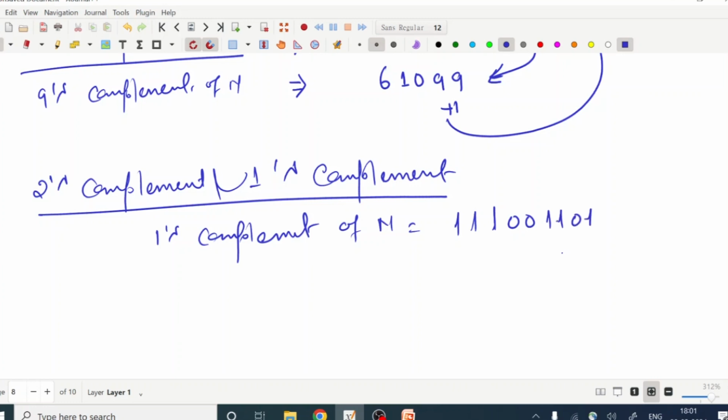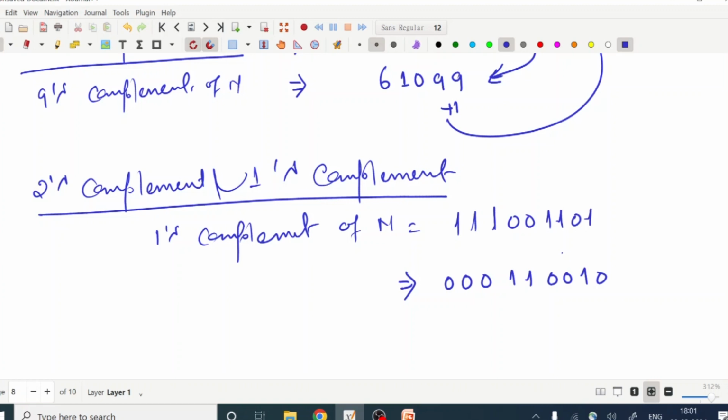The 1's complement means each 1 is replaced by 0 and each 0 is replaced by 1. So the 1's complement of n is equal to 0 0 0 1 1 0 0 1 0. This is the 1's complement.